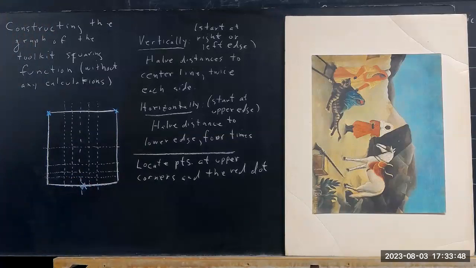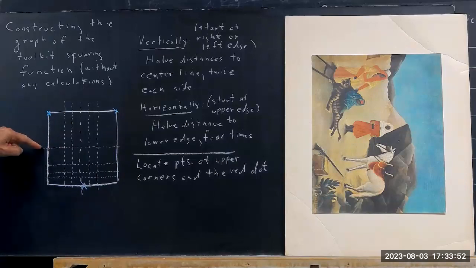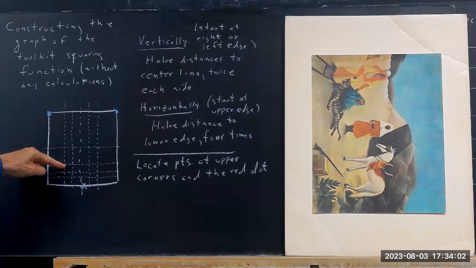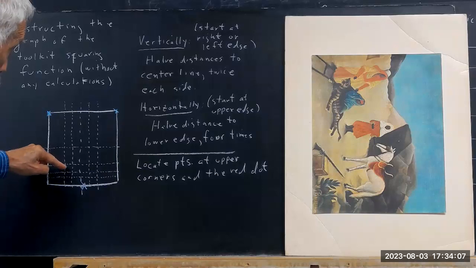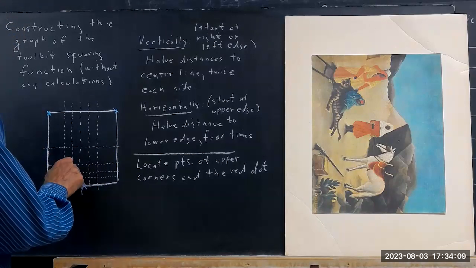Now, you go to the second line, starting from the upper left edge. We're going to go to the second horizontal line and the next vertical line. So we skip a horizontal line, but we go to the next vertical line, and we put a point here.